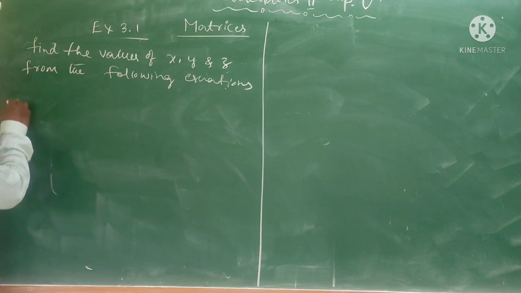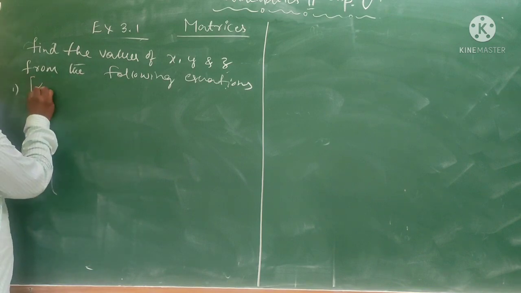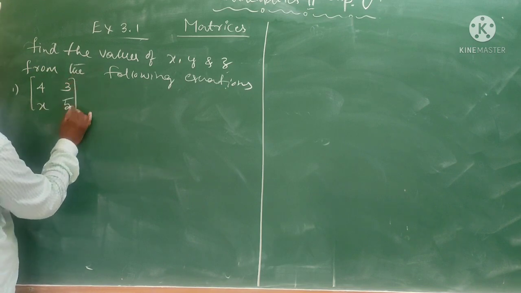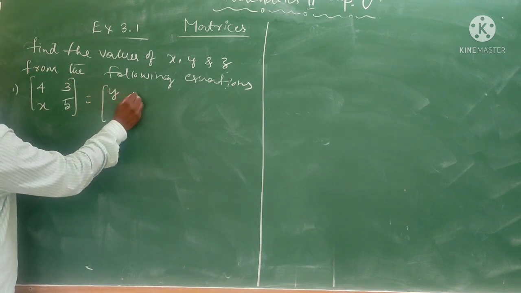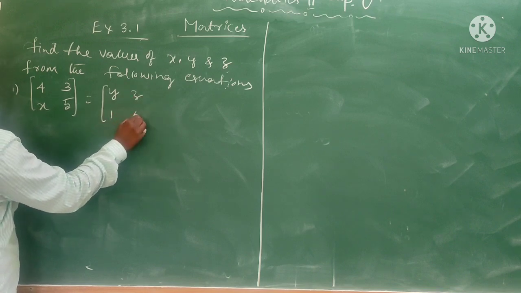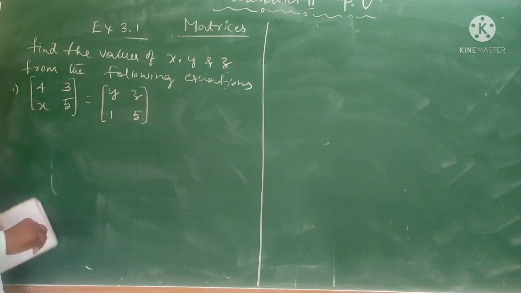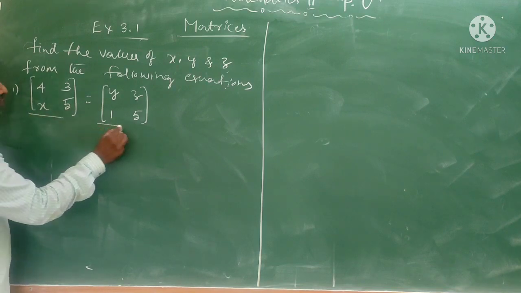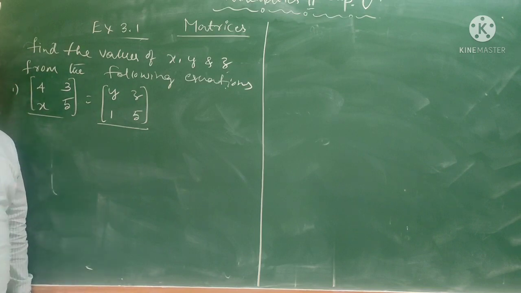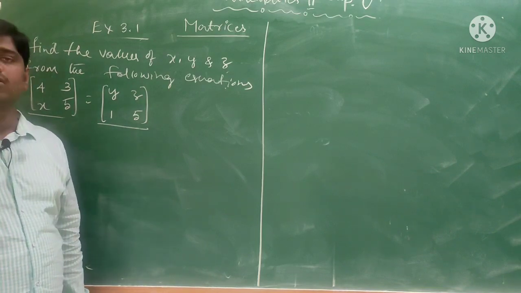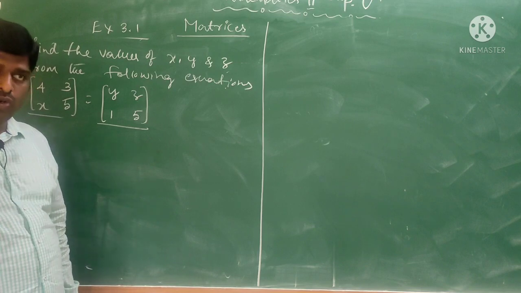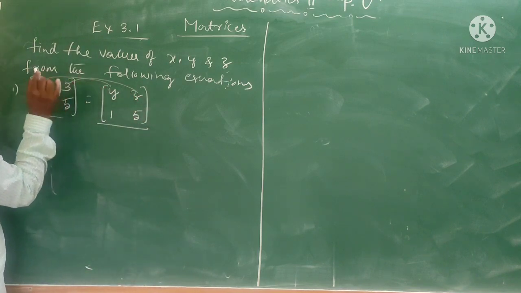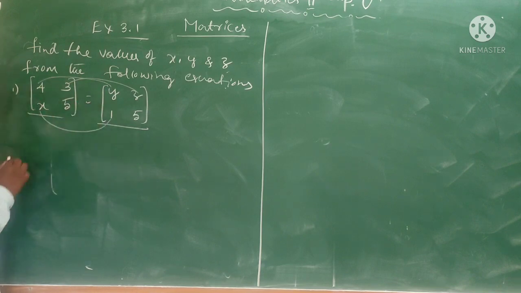See children, the first one: 4, 3, x, 5, y, z, 1, 5. Very simple. Already I told what is the equality of matrices. It should be the same order, then corresponding elements are equal. See, y is equal to 4, z is equal to 3, x is equal to 1.